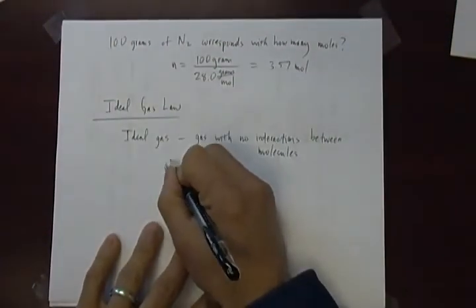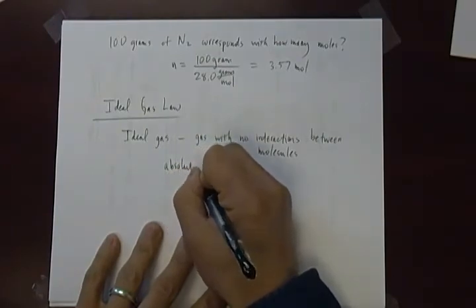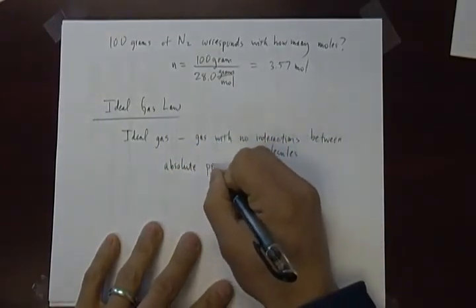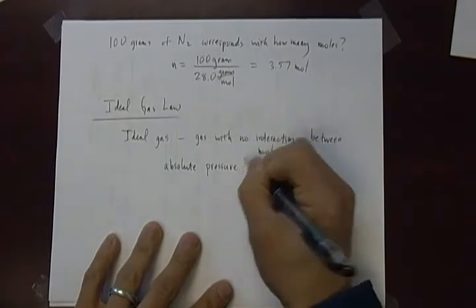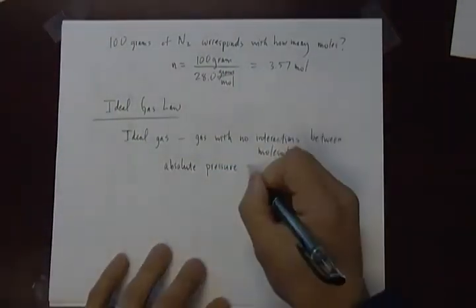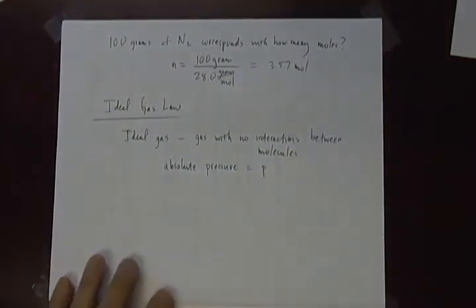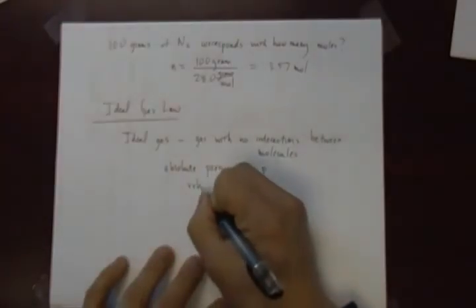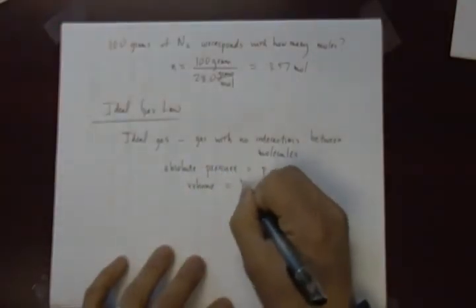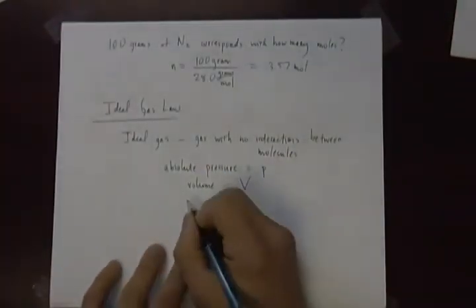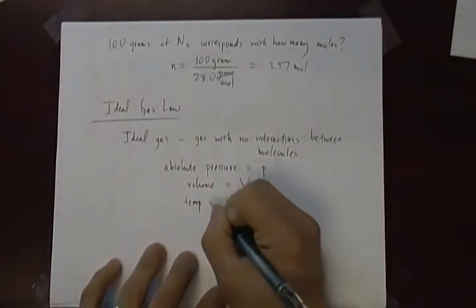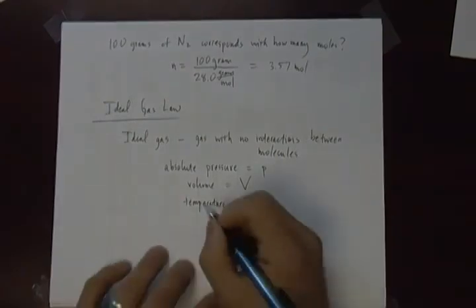So let's give you some parameters. So let's first talk about the pressure. So I'll use the term absolute pressure. We're not talking about gauge pressure, so this is the total pressure, the absolute pressure, P. And we need to have the volume of the container of gas, V. And now for the gases, it's convenient to talk about the temperature in kelvins.